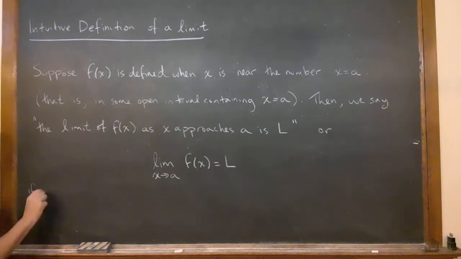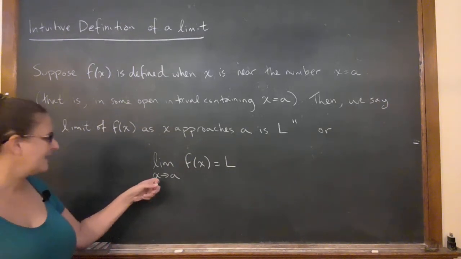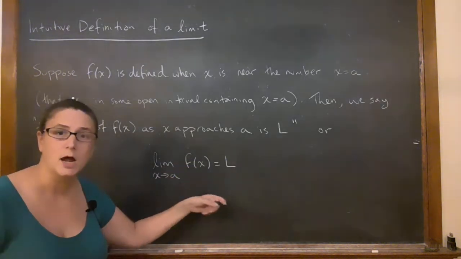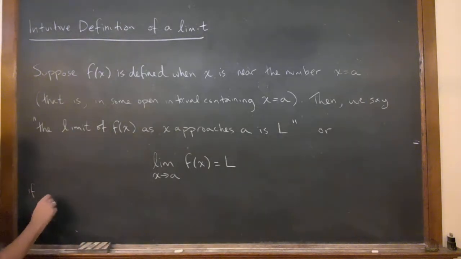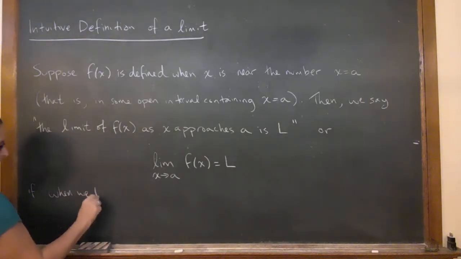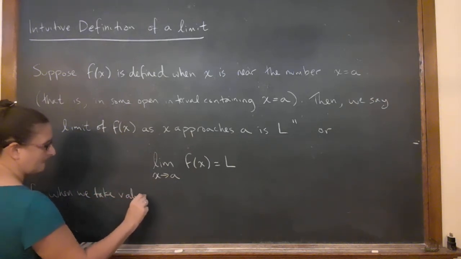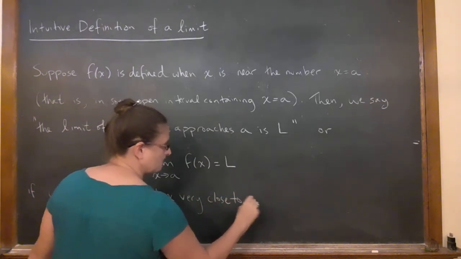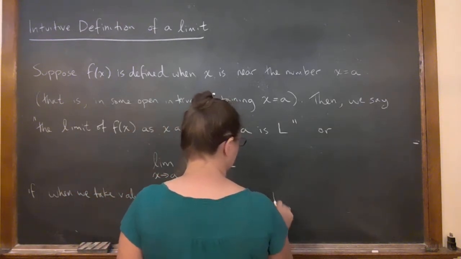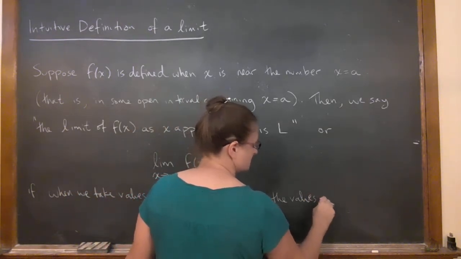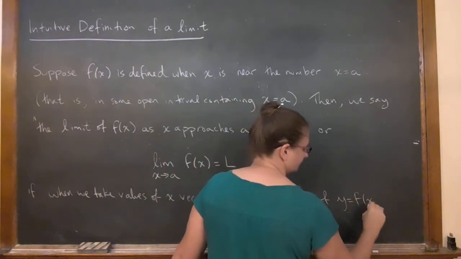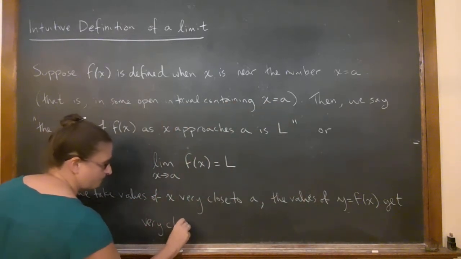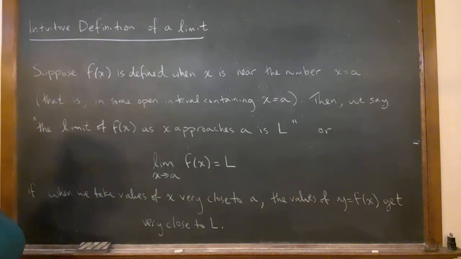It means that if we take values in x very close to a, then the values in f of x, or y, are getting very close to L. Okay, so hopefully you can see that.